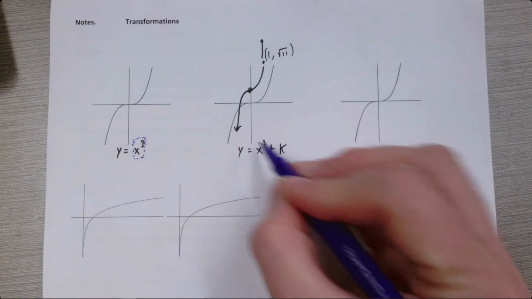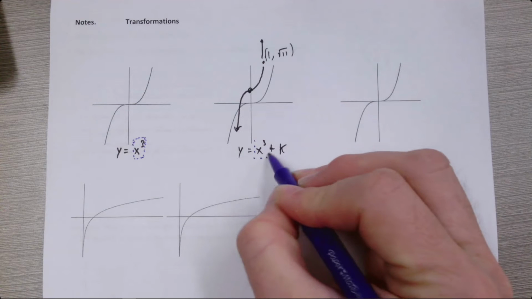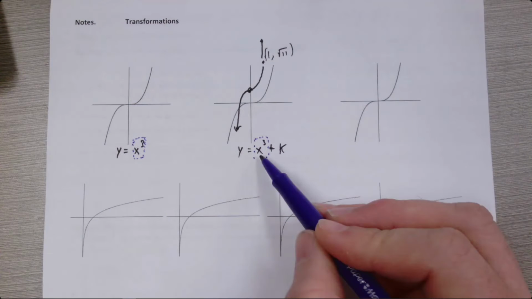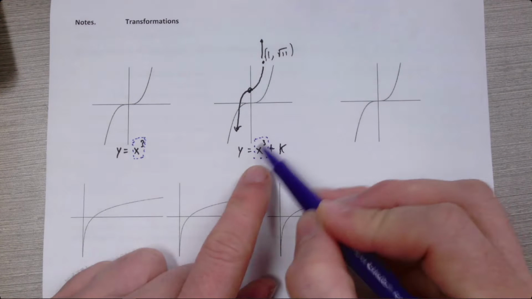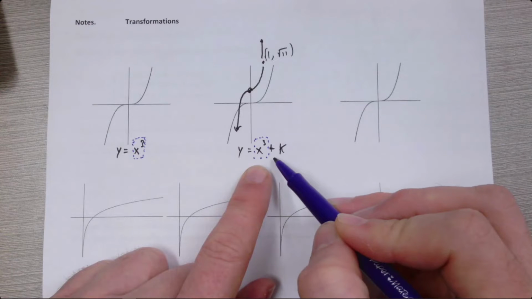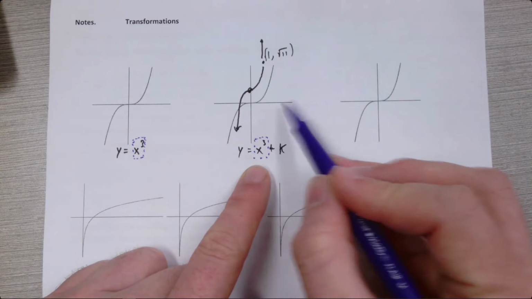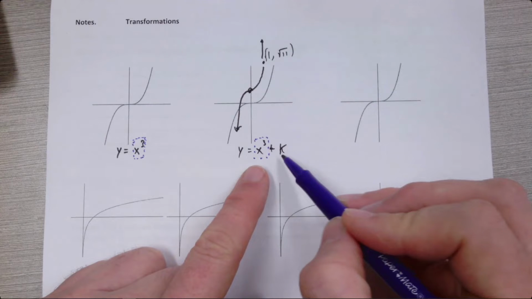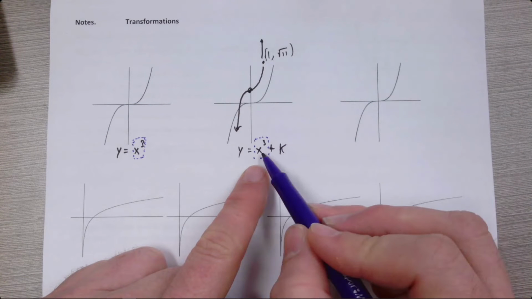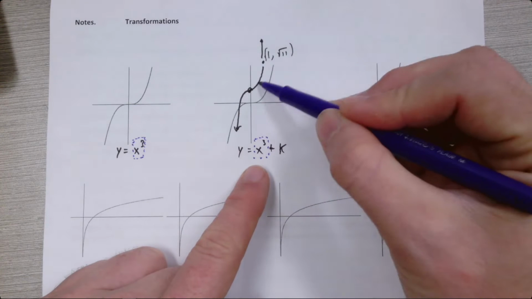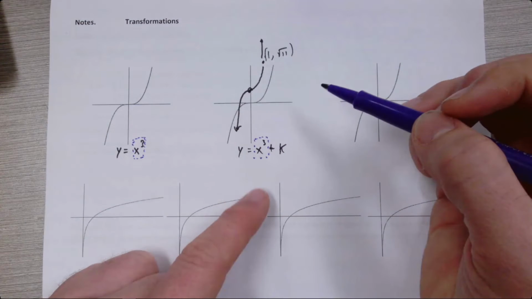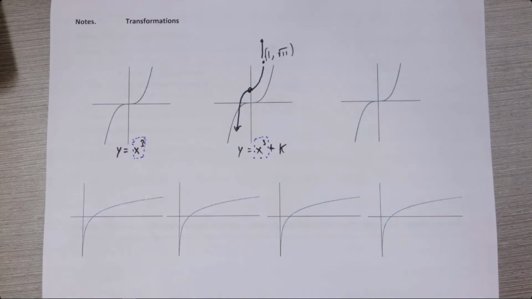So if you imagine what this is doing, if you were to evaluate it step by step, you plug in the 2, you evaluate it, this is the old y value, and now you're adding a fixed amount to the old y value, no matter what the y value was. So another way of thinking about this is we're adding on the outside of the function, so that's adding the same amount to all the y values, which is why it's a vertical transformation.